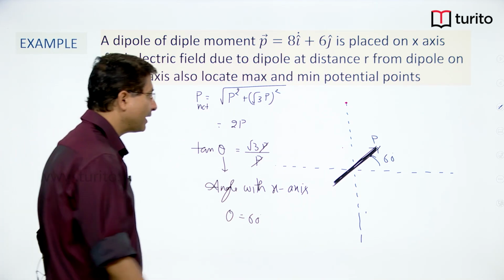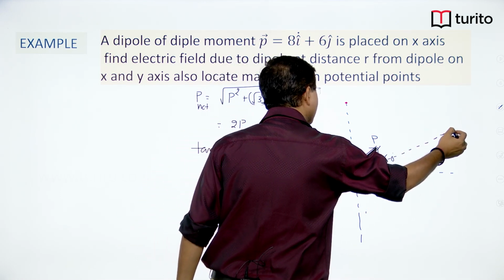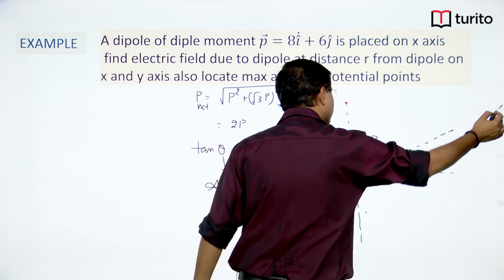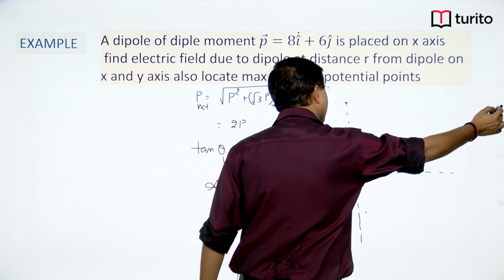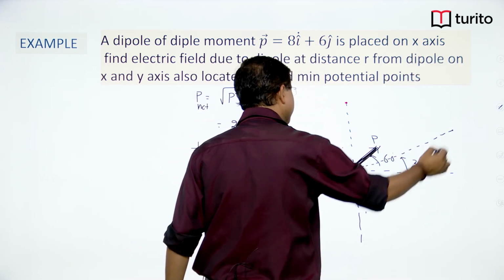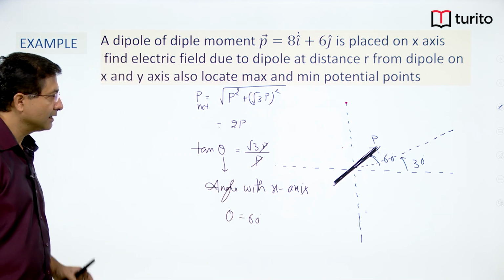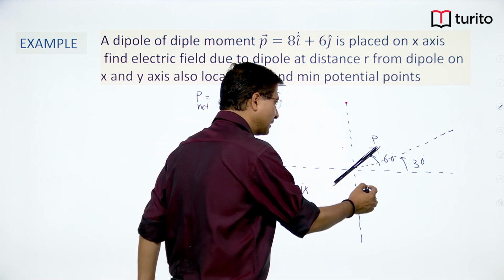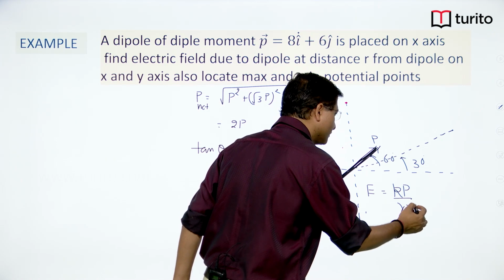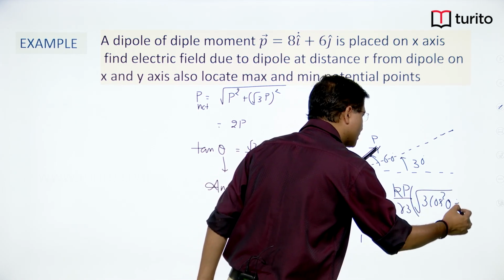So from here if I ask what is the field at this particular point, the formula we have for the net field is E equal to Kp divided by R cube under root 3 cos square theta plus 1.